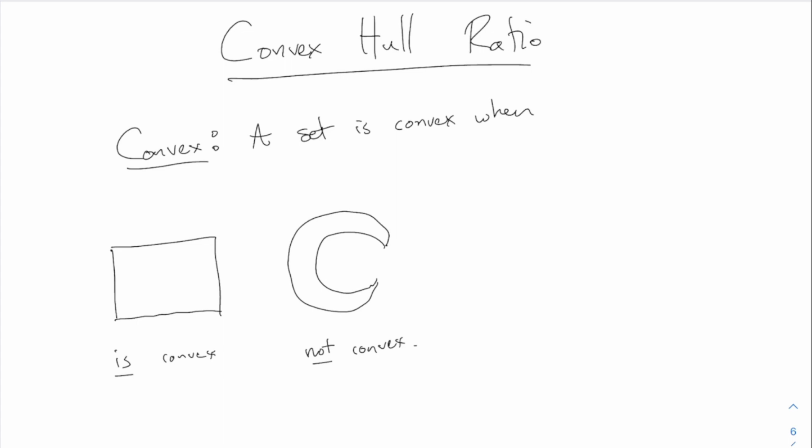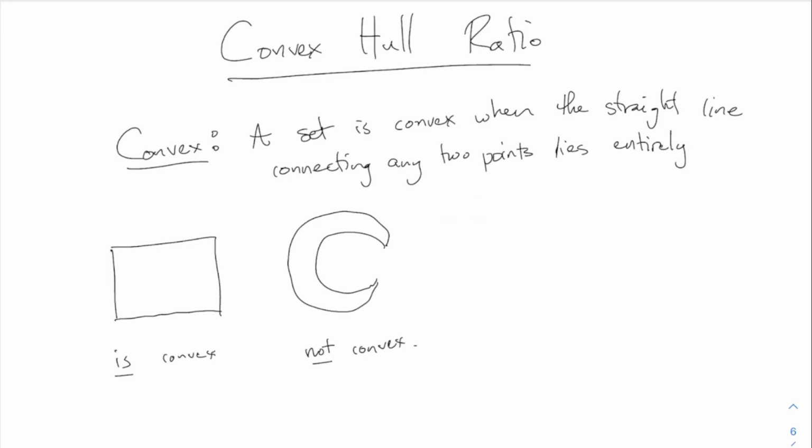A set is convex when the straight line connecting any 2 points lies entirely within the set. When I say set, I just mean a shape.